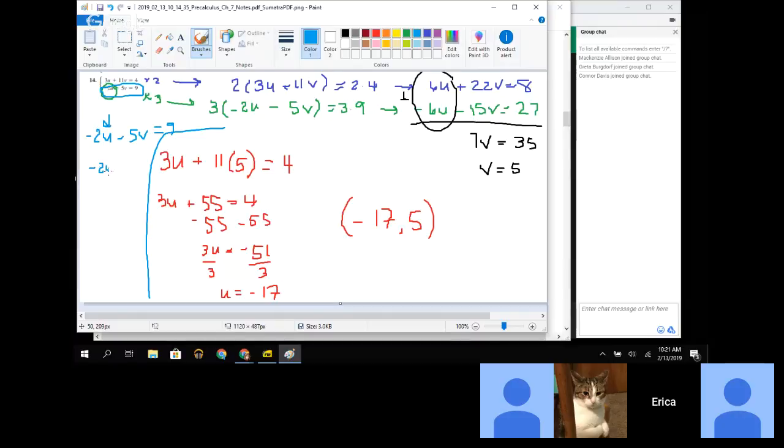So I get negative 2u equals 5v plus 9, and then I divide everything by negative 2. So I get u equals 5v plus 9 divided by negative 2. And then I take this as my second equation, and I plug it into my first equation for u. That's going to get rid of all my u's. I'm going to be left with v. So that's how you would solve that.